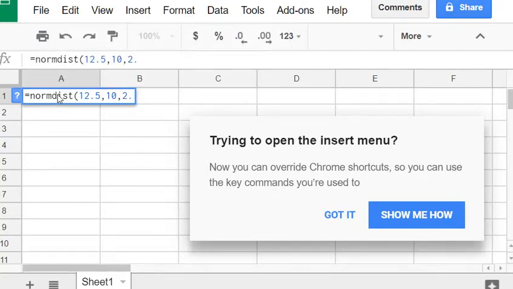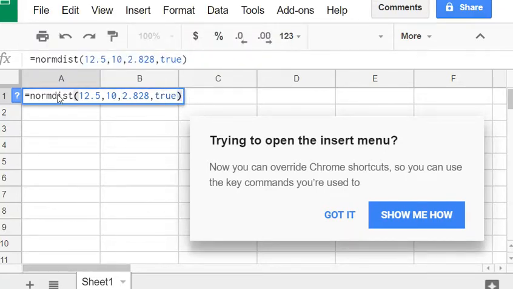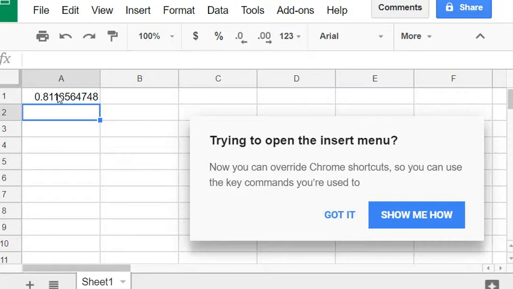Something doesn't look right. Oh, I guess all right.